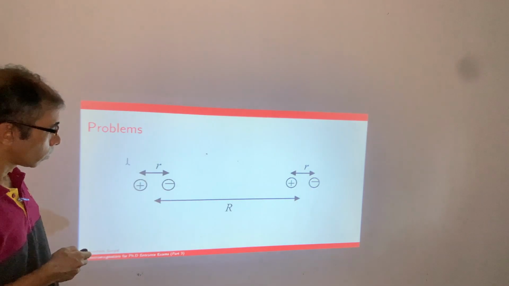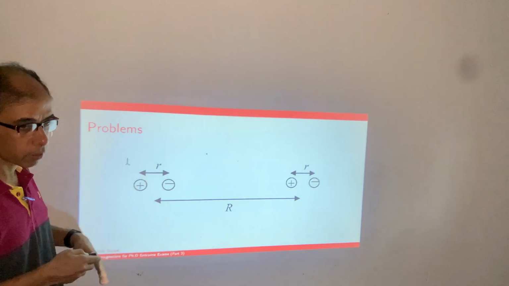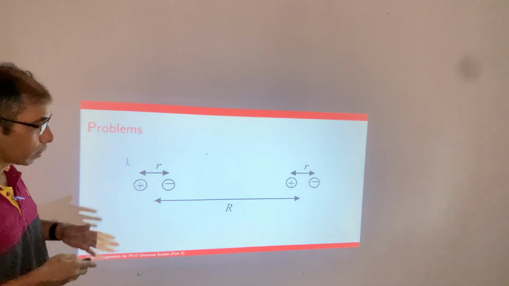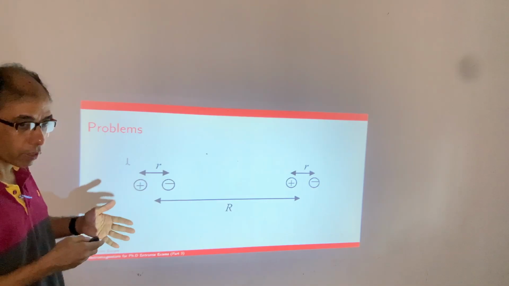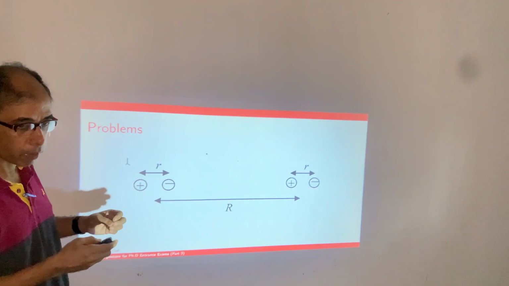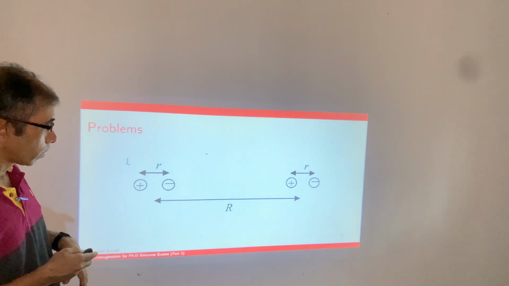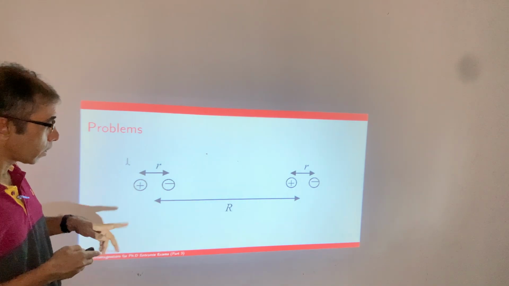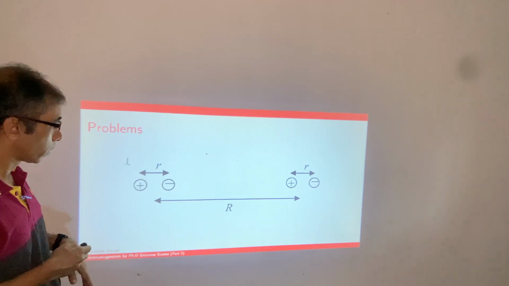Now, what is a dipole? Dipole means there is an electric field somewhere. There is an internal electric field, and because of the electric field, there is a charge separation between plus and minus. So the dipole is due to an electric field.